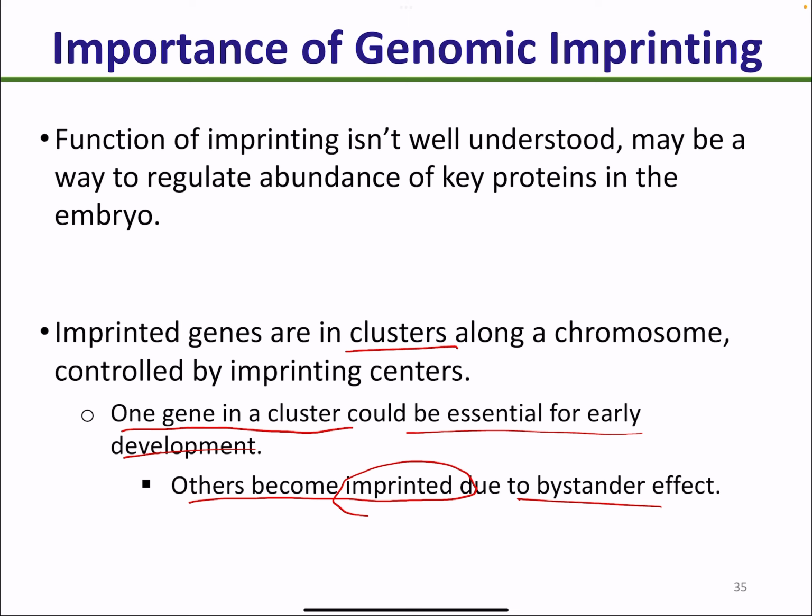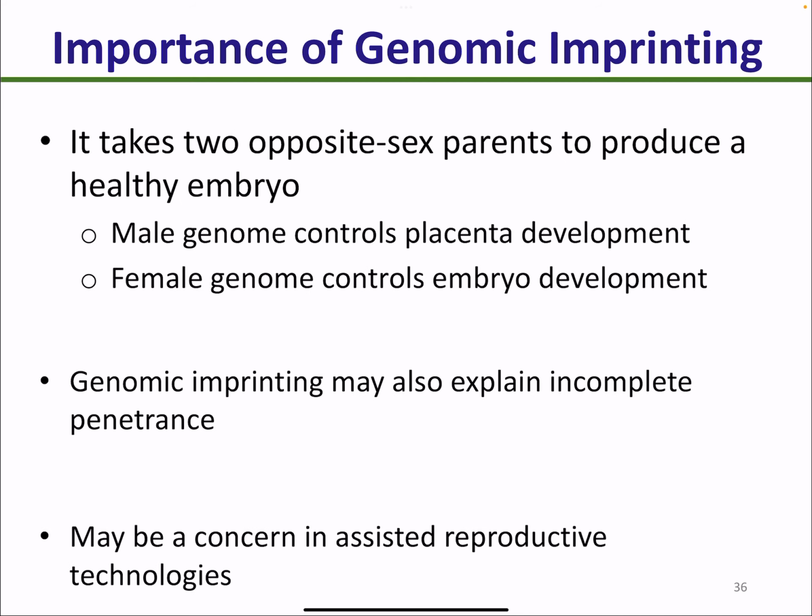All right. So it takes two opposite sex parents to produce a healthy embryo. The male genome controls placenta development, while the female genome is going to control the embryo development.